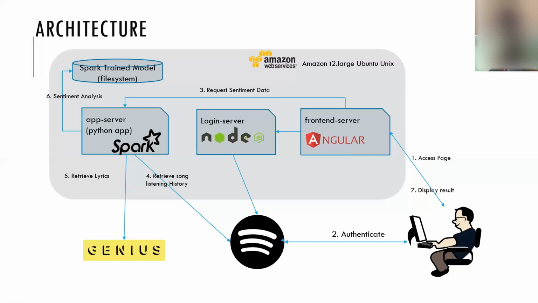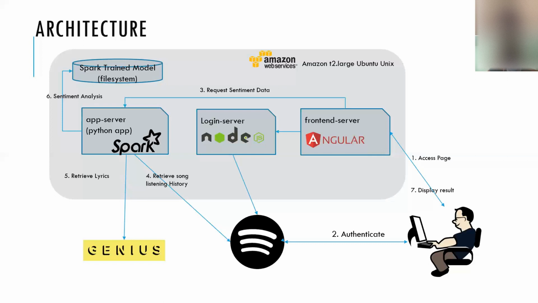So once the user goes in, the request is handed over to the login server, which eventually directs the user to the Spotify server to authenticate and give consent to allow our app to access their private information on Spotify, like listening history and stuff like that.